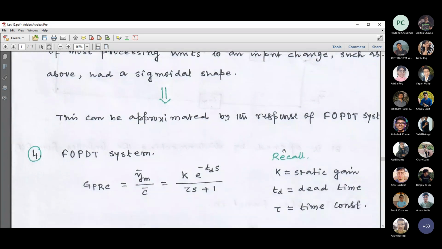We all know the first order plus dead time system is represented by this transfer function. We have discussed before that mathematically the first order plus dead time, FOPDT, system is represented by this transfer function.